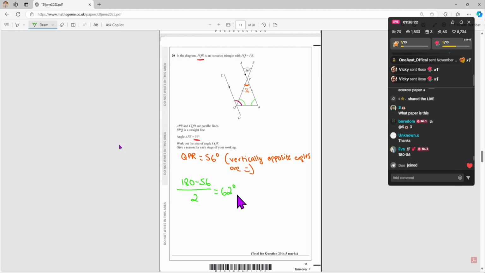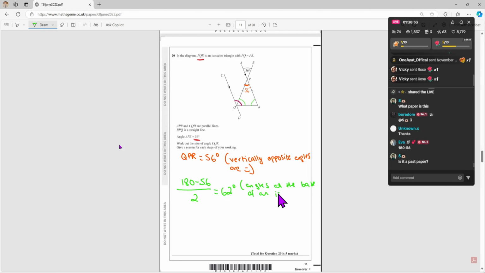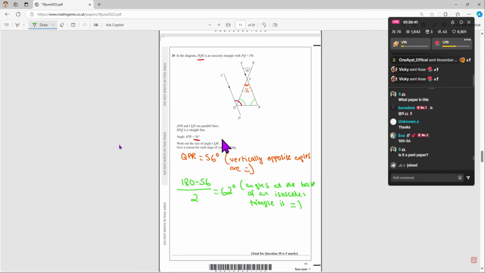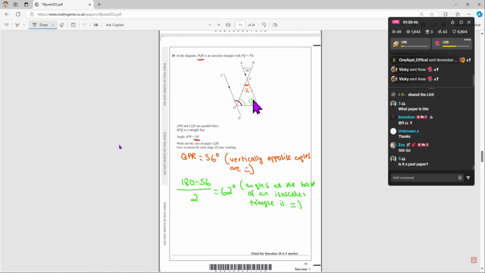Our rule is angles at the base of an isosceles triangle are equal. So these two angles right here are 62 degrees.